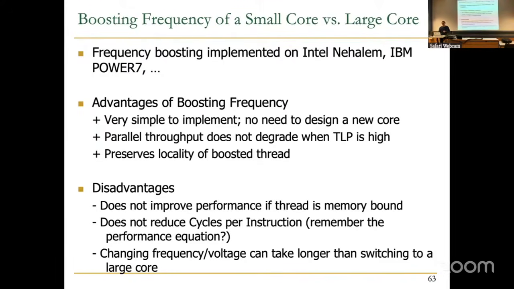Okay, this is also interesting to think about. Changing frequency and voltage can potentially take longer than switching to a large core. The debate is still out over here. It's good to think about that. There's a trade-off over here, right? Clearly, there's time you spend changing frequency and voltage, and ramping up voltage especially takes time, right? And if your frequency range is very large, you need to ramp up voltage from a very small value to a very large value. And that is a lot of issues.